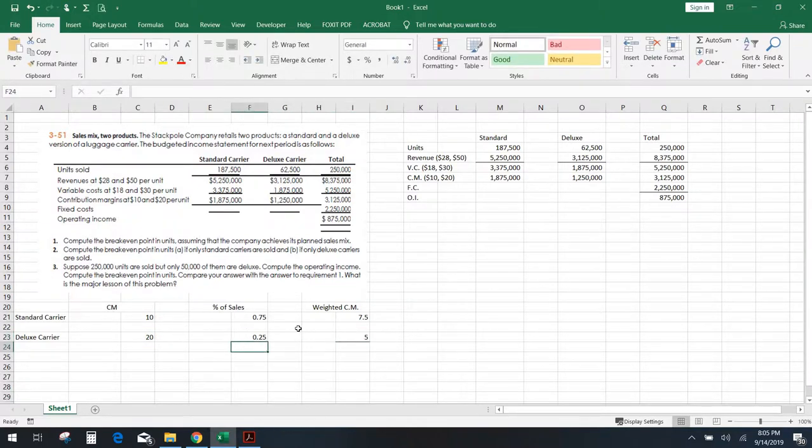Just to check our work, you make sure these percentages add up to 100%, and then you add these up. Okay, so we got a weighted contribution margin of $12.50.